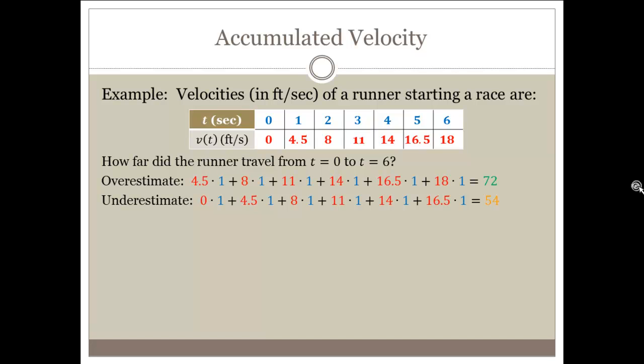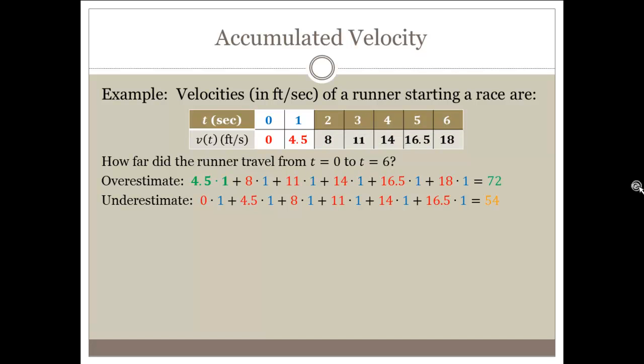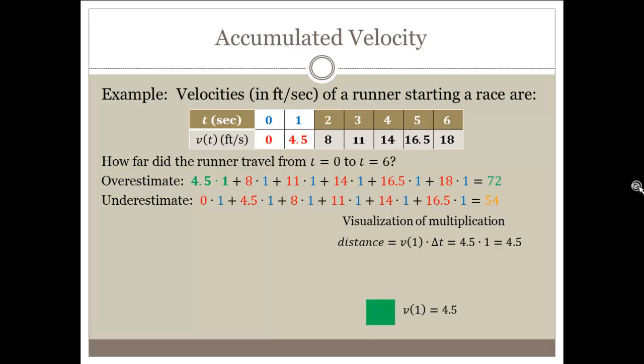Let's now interpret this graphically, starting with the first time interval from 0 to 1 in our overestimate. Let's visualize our calculation that the distance traveled was 4.5 times 1 as a rectangle with height 4.5 and width 1, giving an area of 4.5.